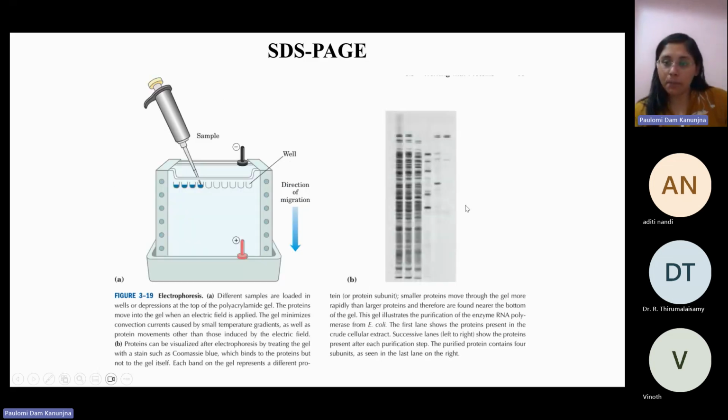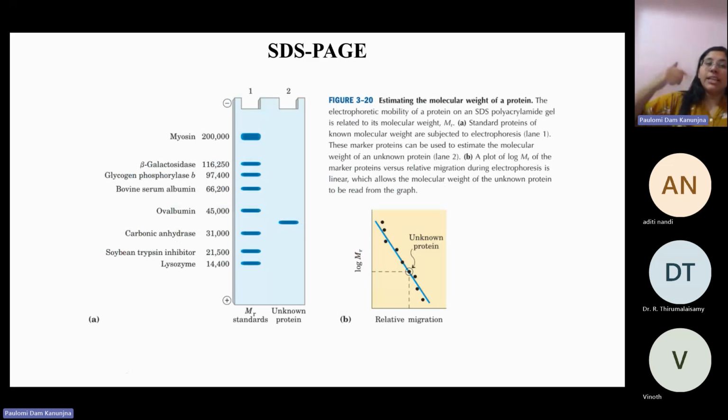Every time you run a molecular component on a gel, the first lane should always be a ladder. What is a ladder? What is a marker? It is basically a set of bands with defined molecular weight. So let me explain. Let's say this is a gel that you have run, and the first one is the marker or ladder. On this ladder, you know that at this band here, the molecular weight is 200 kilodalton.